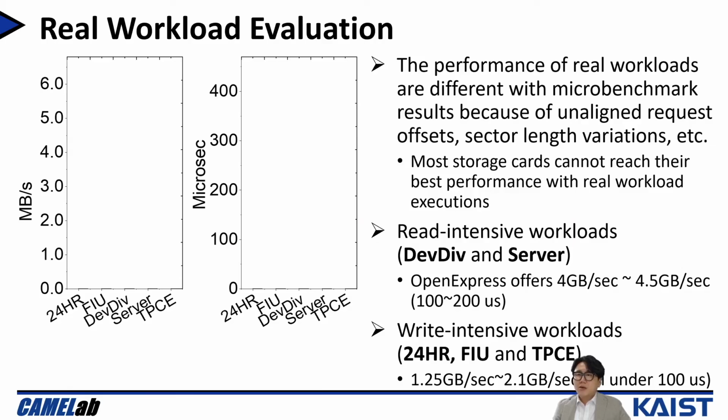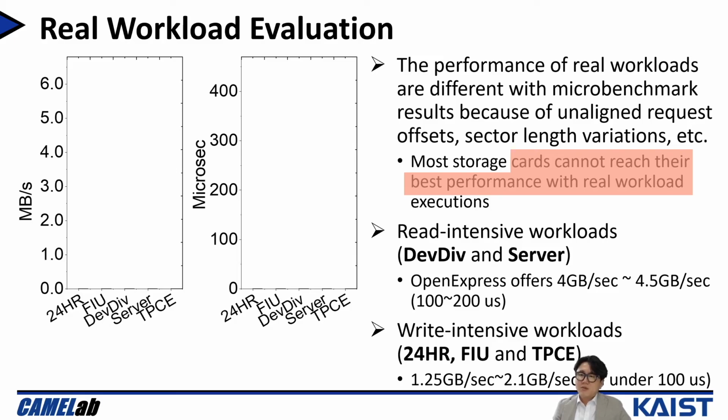In addition to the microbenchmark, we also replay near-real traces from the user level. Note that most SSDs cannot reach their best performance with real workload execution due to different I/O behaviors compared to the microbenchmark, varying request sizes and different operation commands, and reads and writes are usually intermixed.